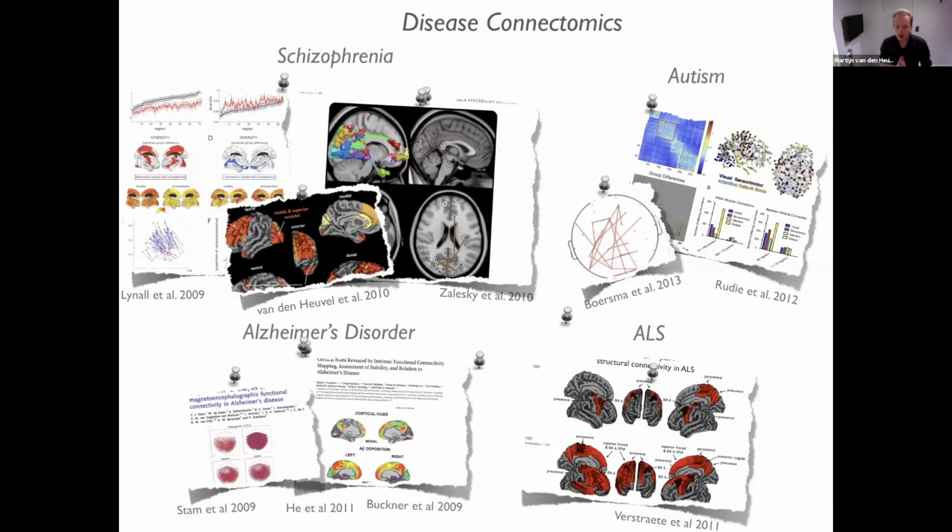And in particular, people have also started to use connectomics and network science to study brain disorders, both neurological and psychiatric. These studies tend to suggest that the connectome and the wiring of the brain might play an important role in shaping not just one disorder, but actually a spectrum of disorders.